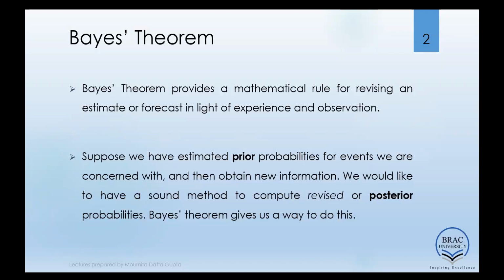And Bayes' theorem gives us a way to do this. Whether you love it or not, you simply can't ignore Bayes' theorem. So it's better for us to know about this completely.